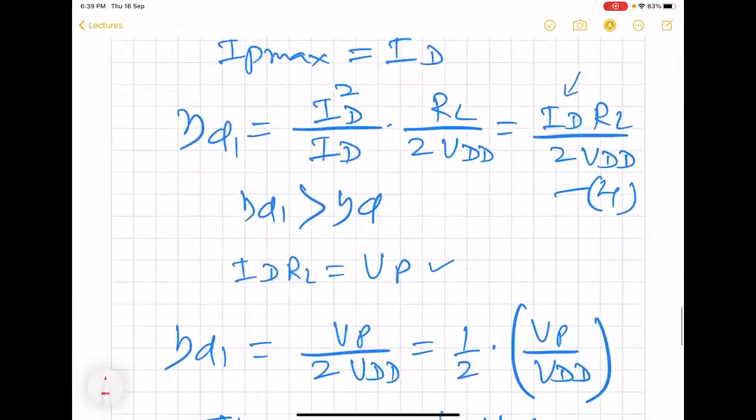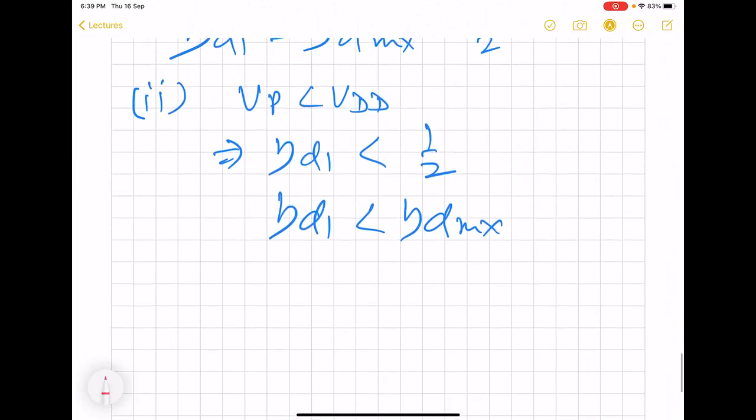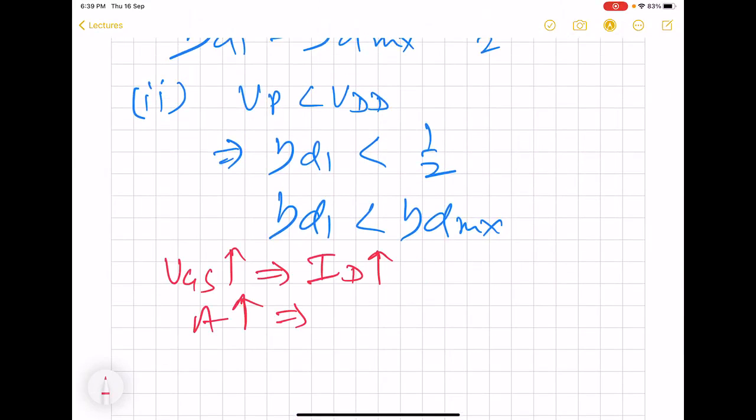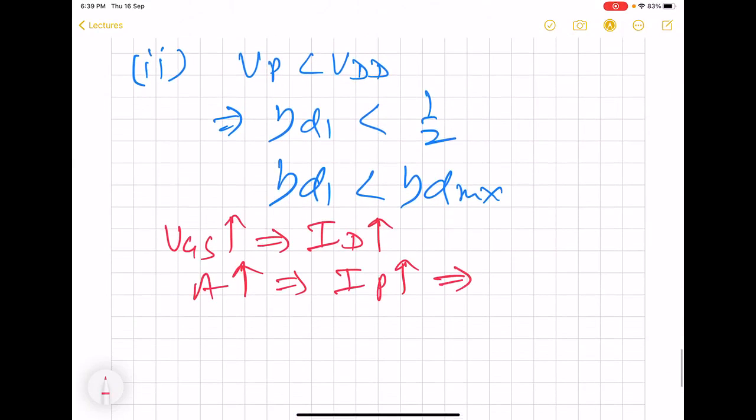So what is going to be the sequence of change? For this case, you increase VGS, this will imply an increase in the maximum drain current swing, and then you increase A, so this will imply an increase in IP, and this will then imply an increase in VP, since VP is equal to IP into RL.